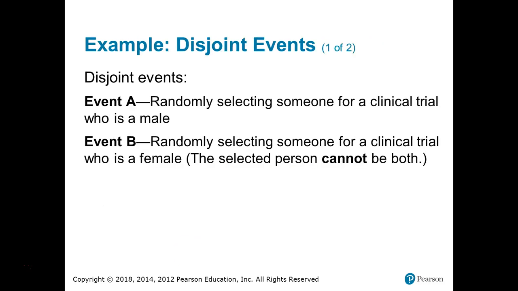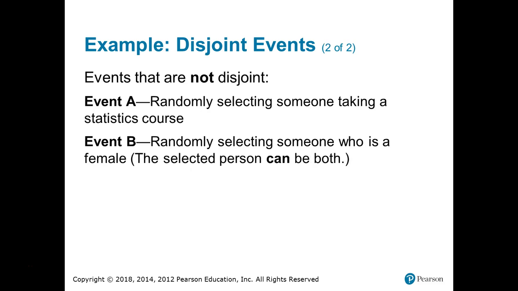Okay, so let's talk about further examples of that. Event A is randomly selecting someone for a clinical trial who is male, and event B is randomly selecting someone for a clinical trial who is female. The selected person cannot be both.